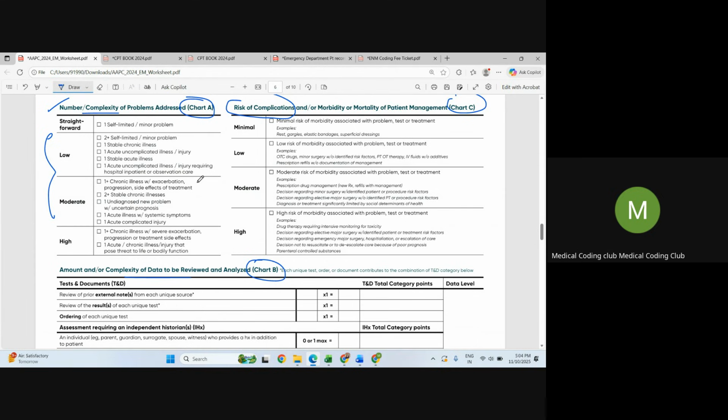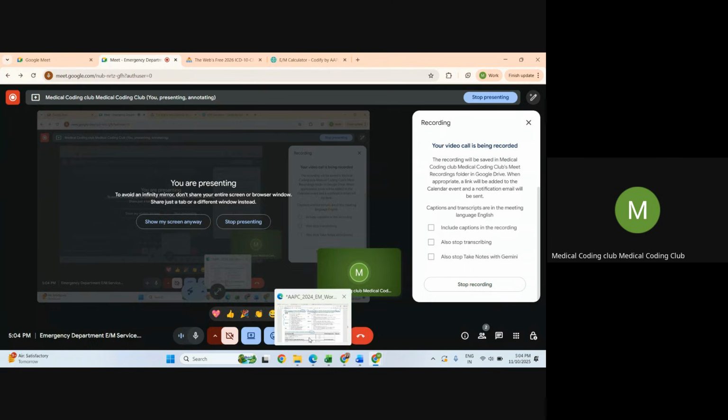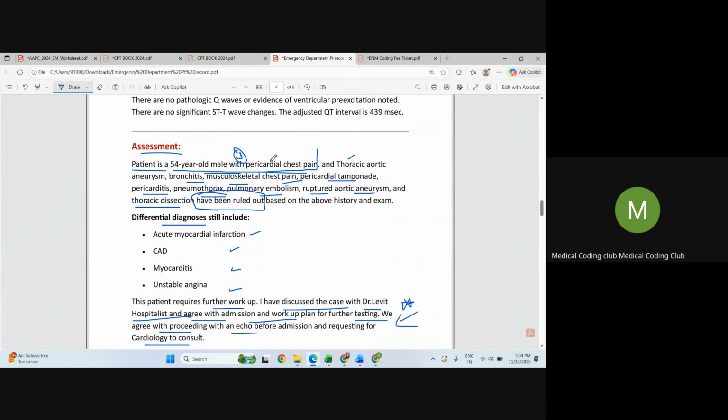You will understand. So yes, coming back to our problem, it was pericardial pain, right? As I showed in the medical record, the patient had pericardial chest pain. For this chest pain, they have added the possibilities, or the differential diagnosis, and they have added all the clinical problems, which are kind of myocardial infarction.